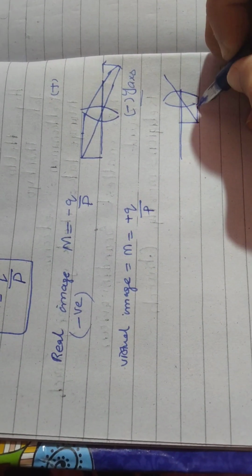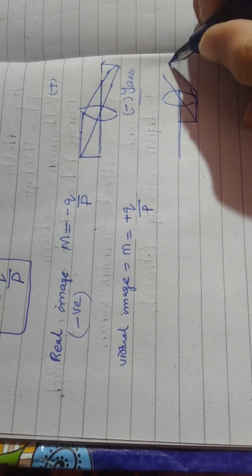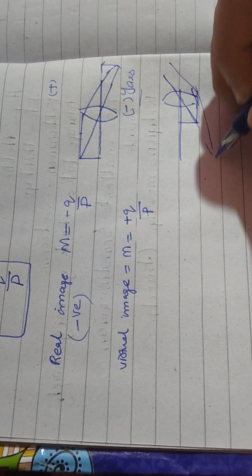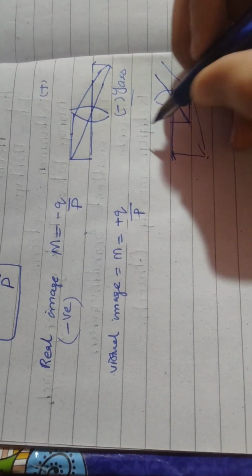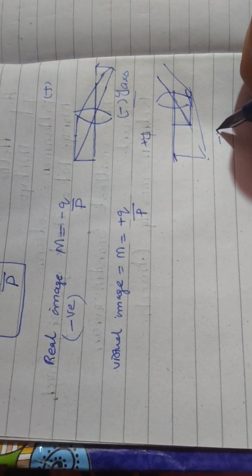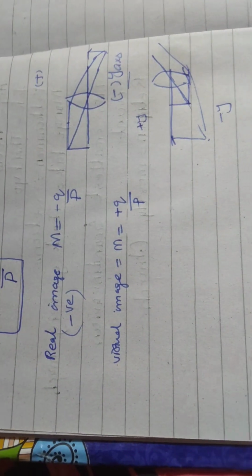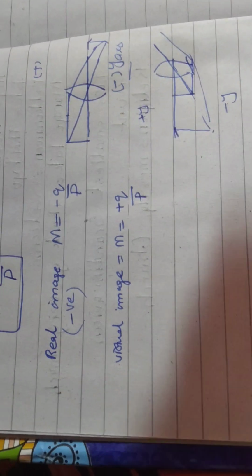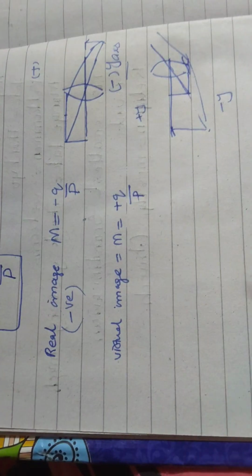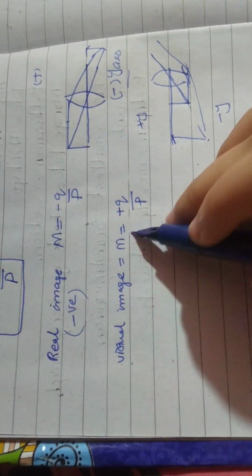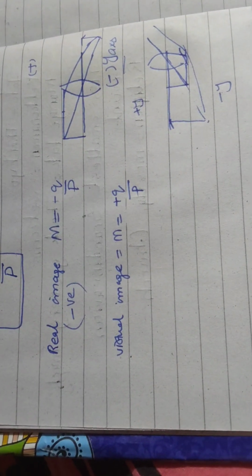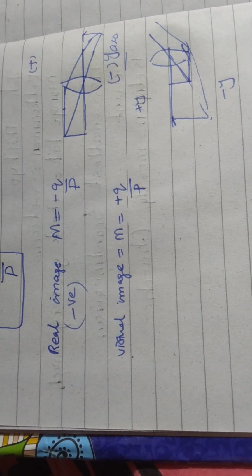The rays will diverge, and they will meet at a point that appears to be converging. This is the positive axis, this is the negative axis, and we already know that we take the virtual image as negative, so negative plus negative is equal to positive. That's why the virtual image is positive and it is plus q upon p.